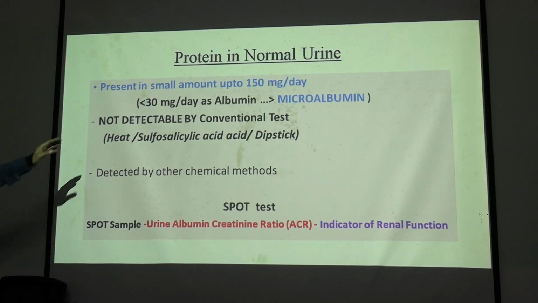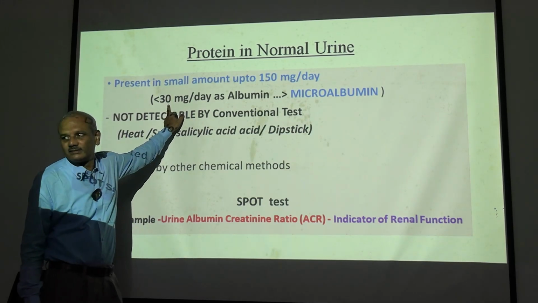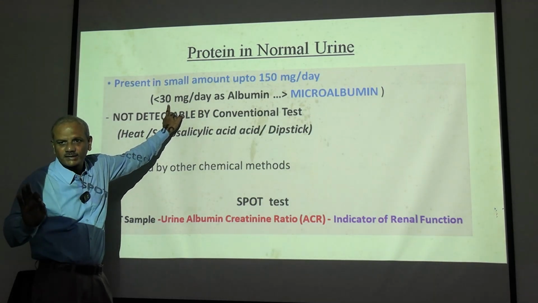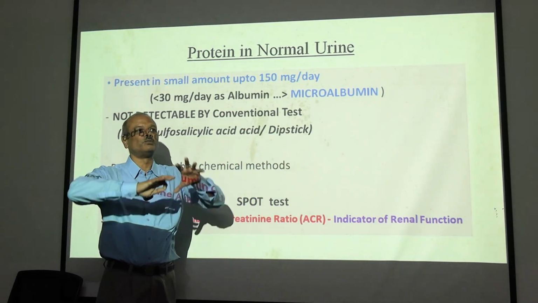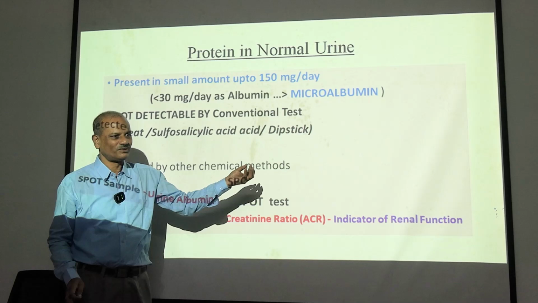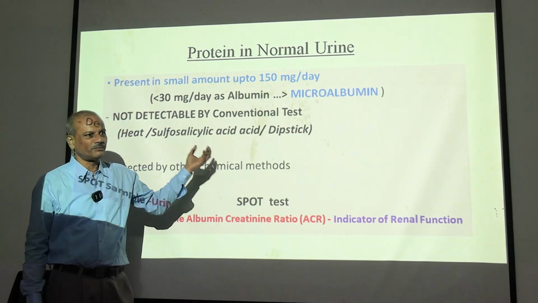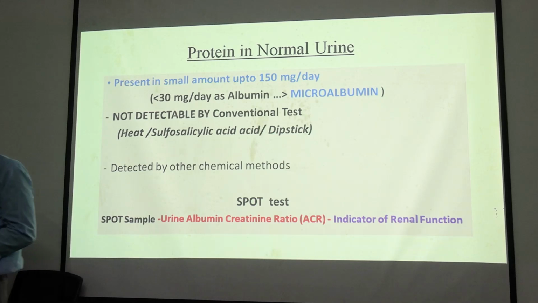This albumin is present in micro concentration, a smaller concentration. That's why it is called microalbumin. It is not that albumin is a big structure and this is a small structure of albumin. No, the amount is present in micro amount. That's why it is called microalbumin. The albumin structure is the same.